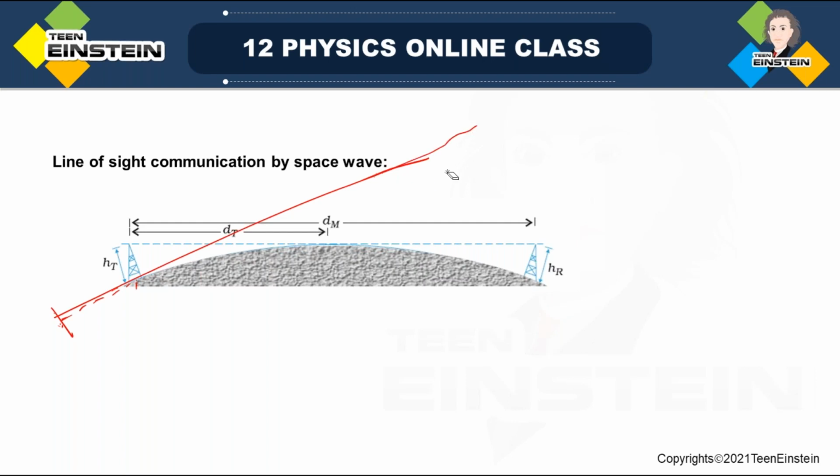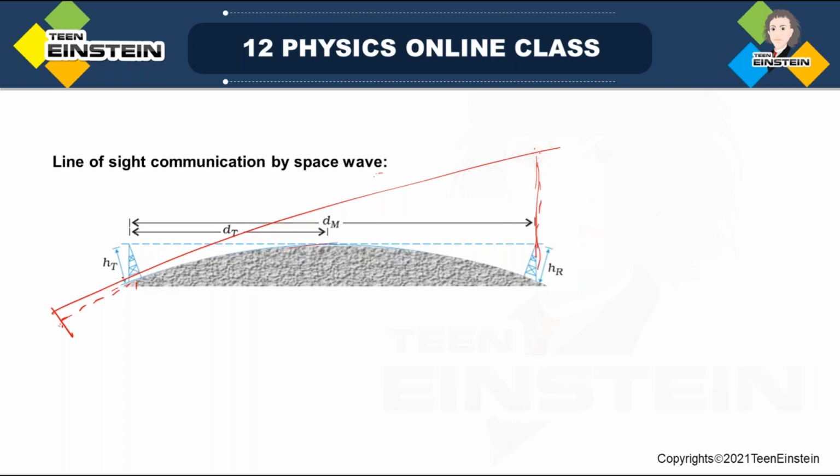Sorry, let me redraw, like this. Okay, it will be a straight line. So if you have a large antenna only, you can receive the signal.